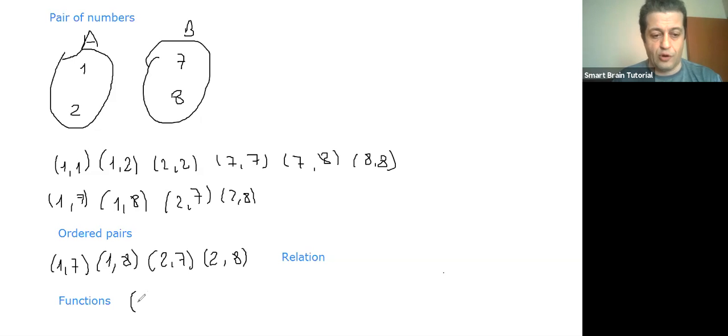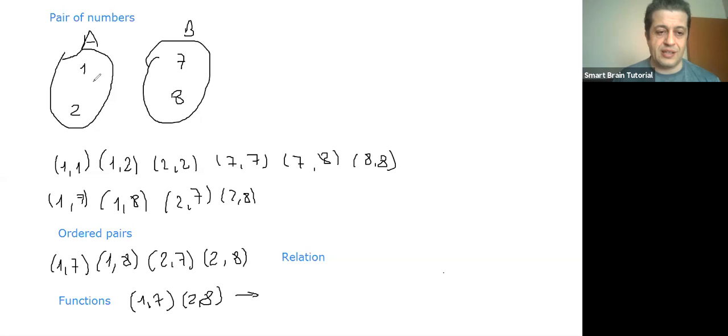So if we have only these two pairs, 1, 7 and 2, 8, this is a narrower concept compared to relation, because there is a formula that we can use to explain this kind of special relation that we call function.